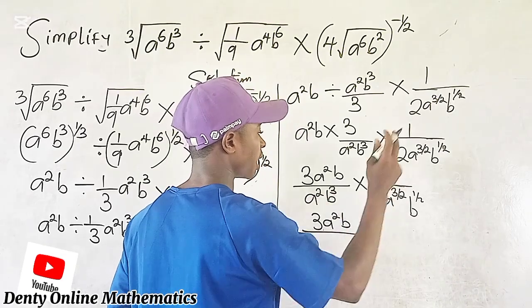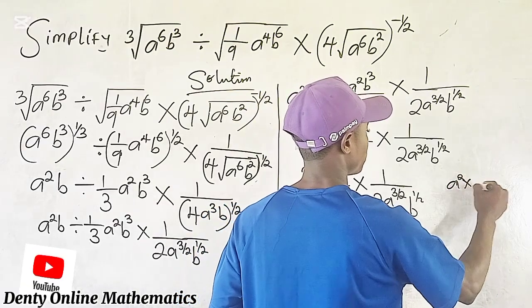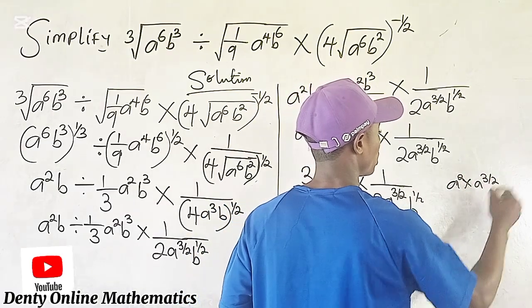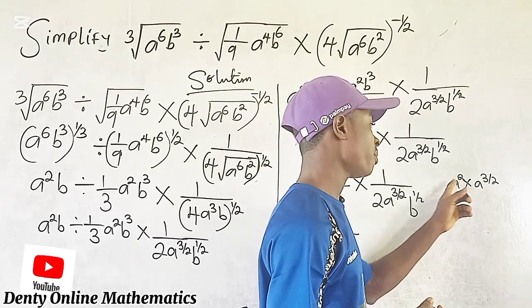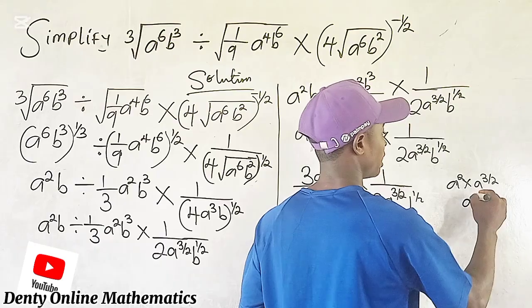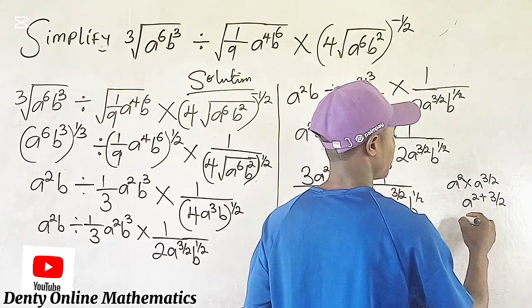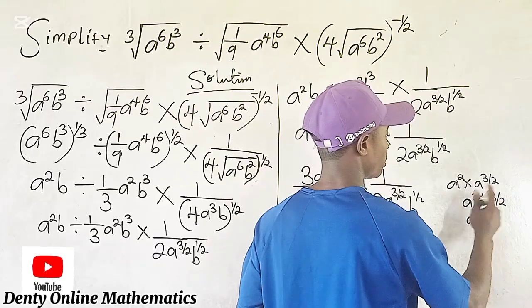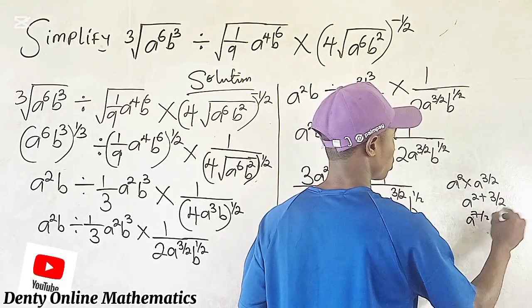Now a squared times a raised to the power of 3 over 2. As usual, in law of indices, if you have same base and you're multiplying, you can just pick one of the base and add the exponent. You get? So this is the same thing as saying 2 times 2 give us 4 plus 3, that will be 7 over 2.